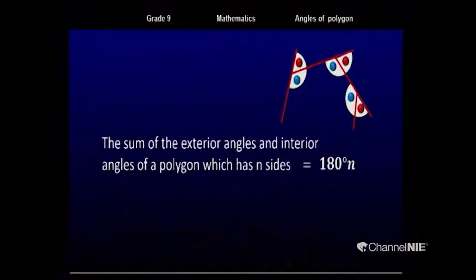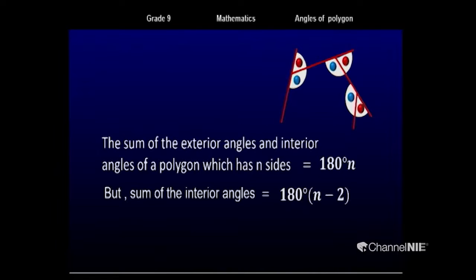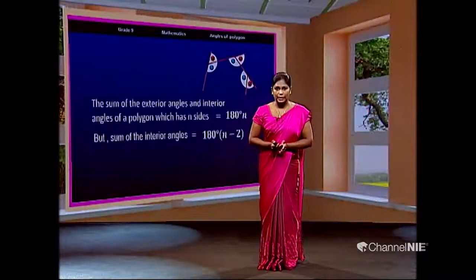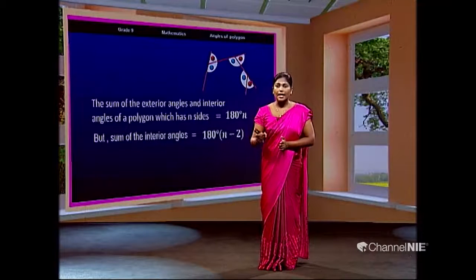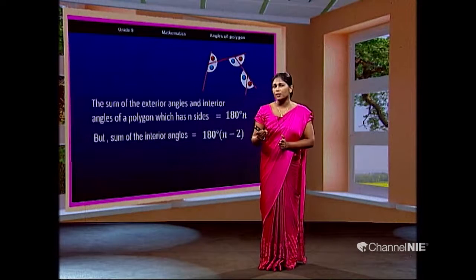Then the sum of the exterior angles and interior angles of a polygon which has n sides is 180 times n, but the sum of the interior angles is equal to 180 times (n minus 2). Today we learned about that theory. The sum of the interior angles is equal to 180 degrees times (n minus 2).